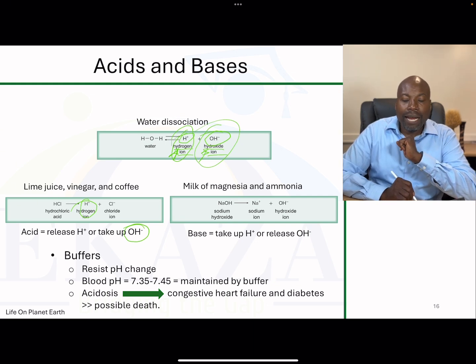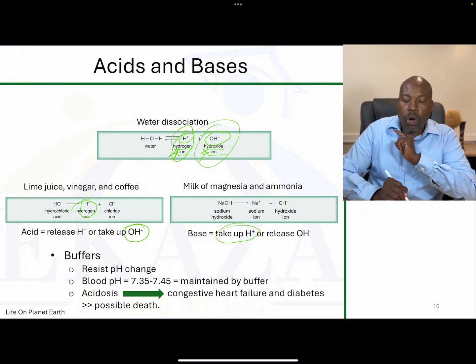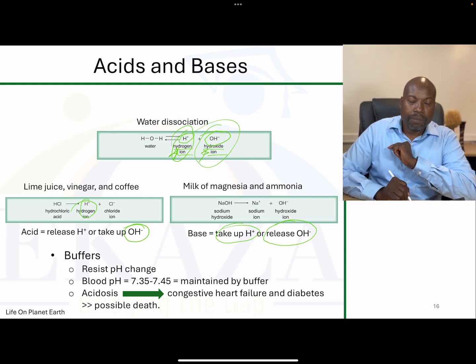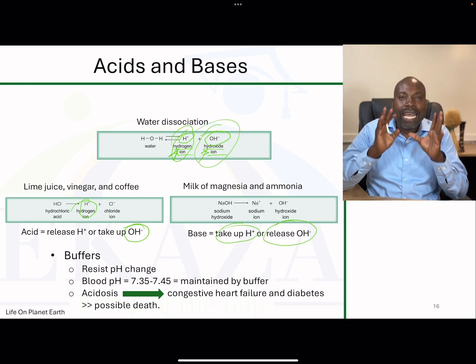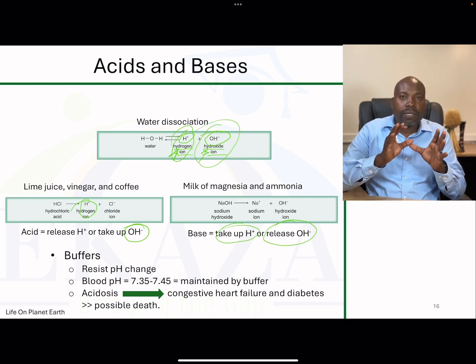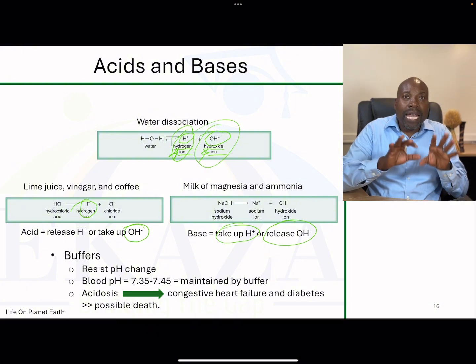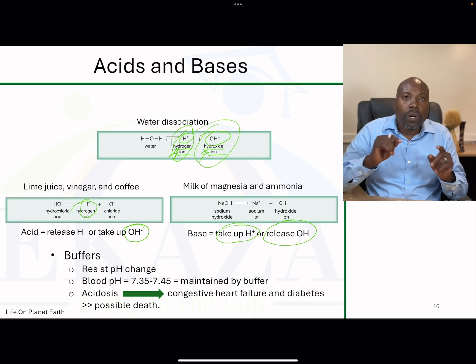The second scenario, is it taking up hydrogen ions or releasing hydroxide ions? In both cases, we are going to name this chemical substance based on that definition.